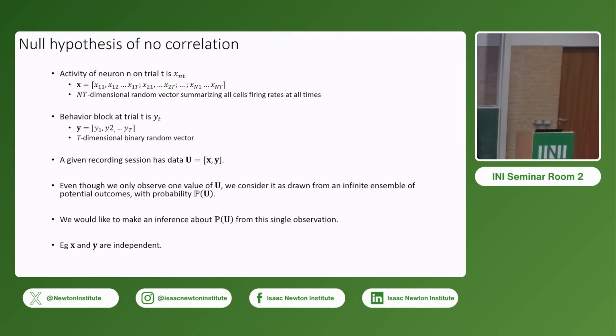The null hypothesis we often want to test is that the entire sequence of x is independent of the entire sequence of y. For all of the tests except the history conditional ones, that's the null that we're testing. And it doesn't matter whether x and y are univariate or multivariate or discrete or continuous or anything. They're just time series of anything at all.